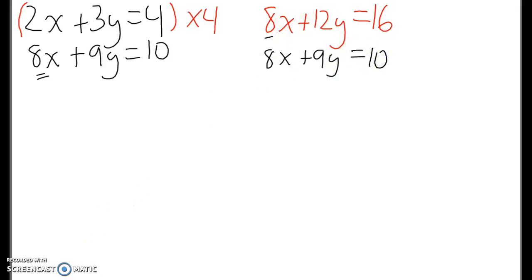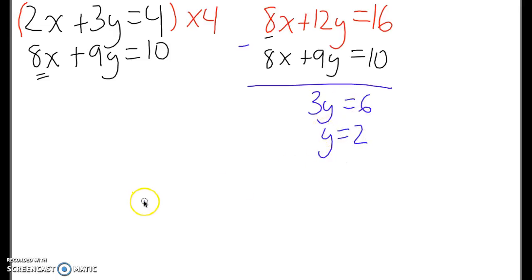And now once I go to do my elimination, 8x, 8x, I do my subtraction, I get 3y equals 6, y equals 2, and I'm well on my way. I like to go back to my original equation because it's usually a smaller one. It hasn't been multiplied by anything. And just do my substitution.